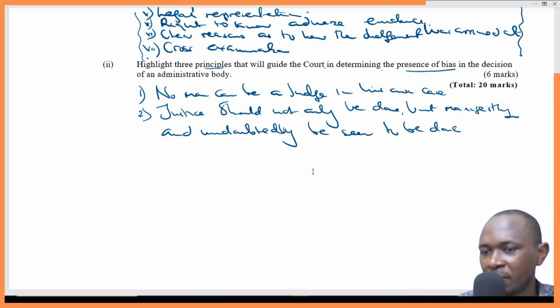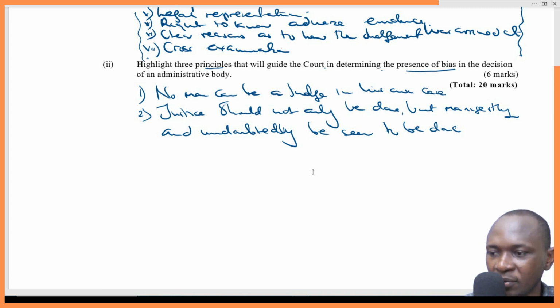So it's not just about dispensing justice, but it should go beyond the just dispensation of justice and manifestly and undoubtedly be seen to have been done.